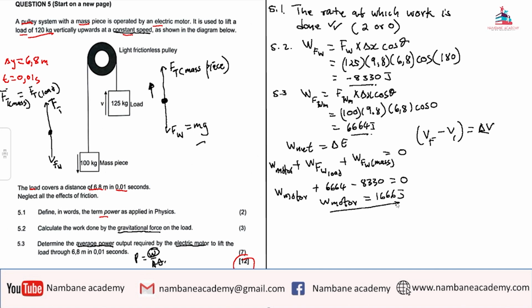But this is the work done by the motor. It is not the average power. So for us to get average power, we will need this equation: 1666 divided by 0.01, and our final answer will be something like 166,6 watts.